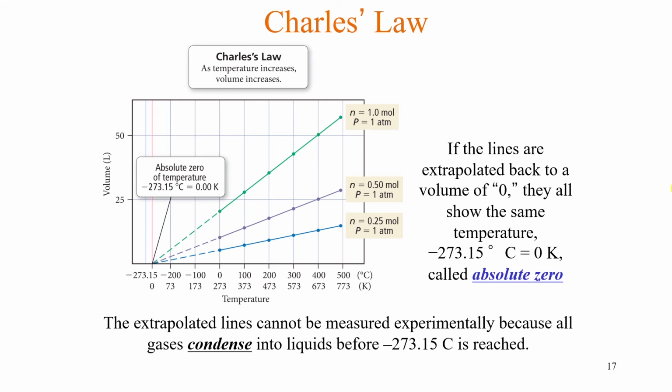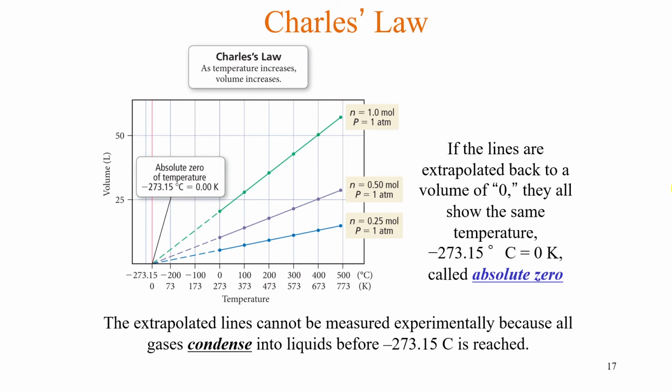Notice that in this scale, the temperature at which water freezes would be 273.15 Kelvin, and the temperature at which water boils would be 373.15 Kelvin. Notice that we don't say Kelvin degrees, just simply Kelvin.